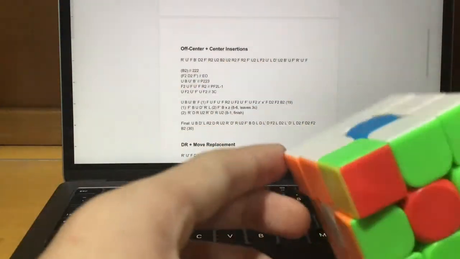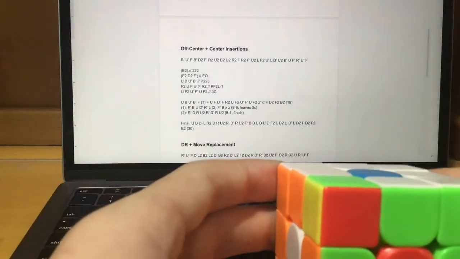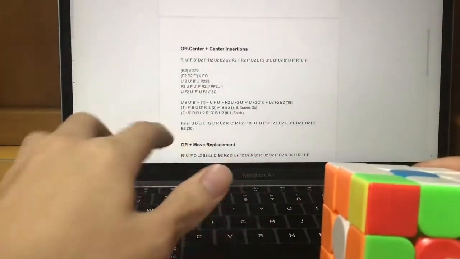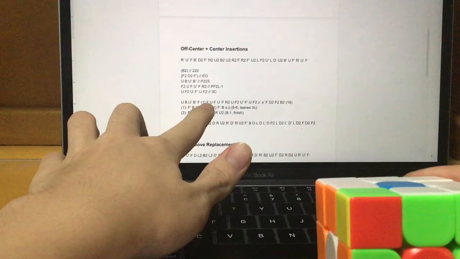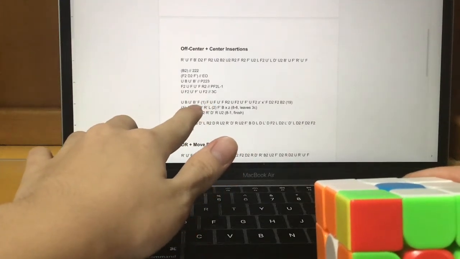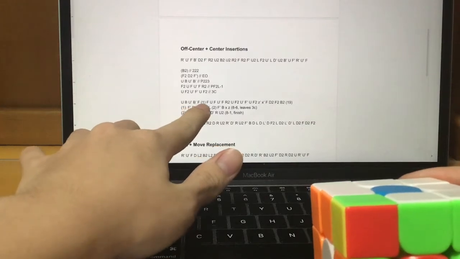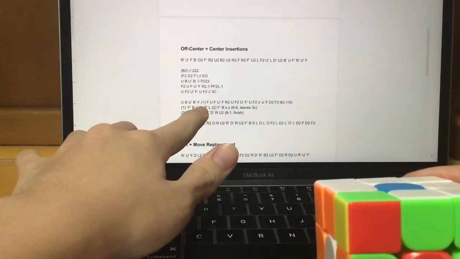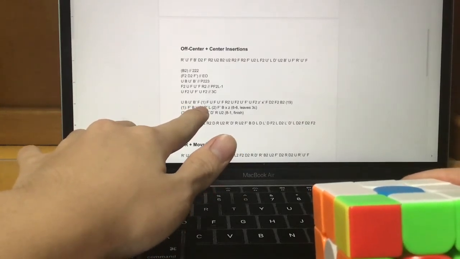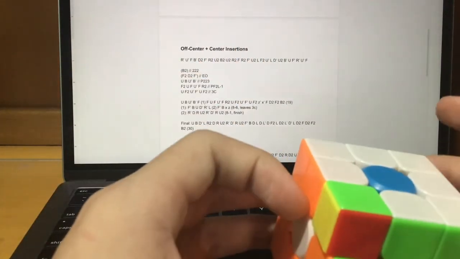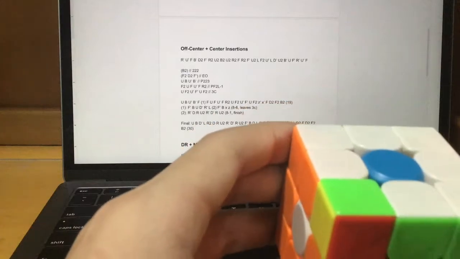Anyway, so I split this F2 into F and F because that ensures me a 4 cancel with this B from F. So you should always place your center insertions in cases with UD, RL, and FB, so that the parallel moves ensure at least a 3 cancel.